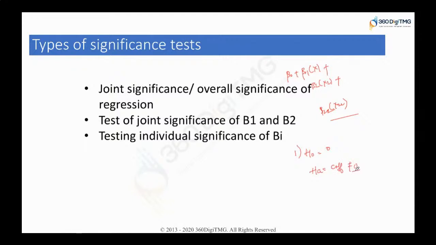It is talking about all the coefficients: is there a relation or no relation. That is your joint test, the overall significance of regression. Now you can also take two individual variables, beta 1 and beta 2.